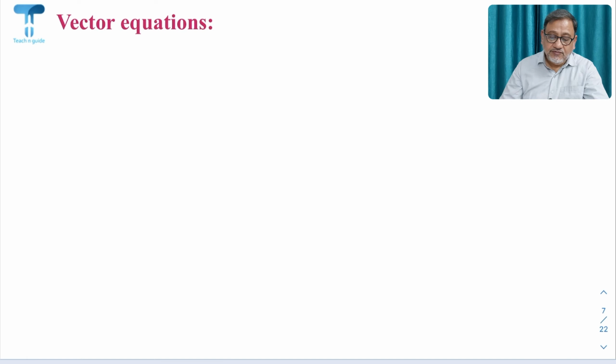Now the next part, vector equation. How can you write a vector equation? After we have seen addition and subtraction, you can have a vector equation. Again, a vector equation can be given by a closed polygon or a triangle or any shape.